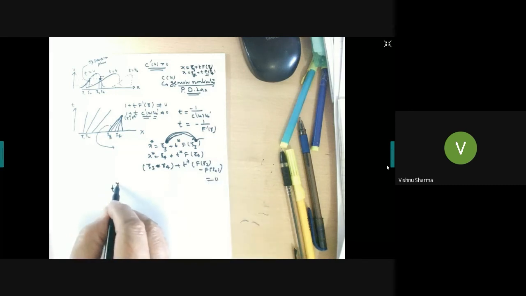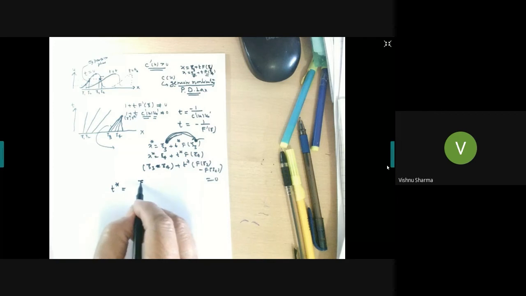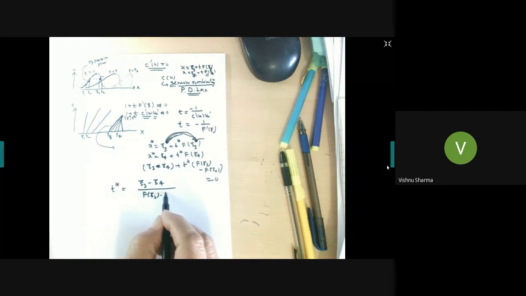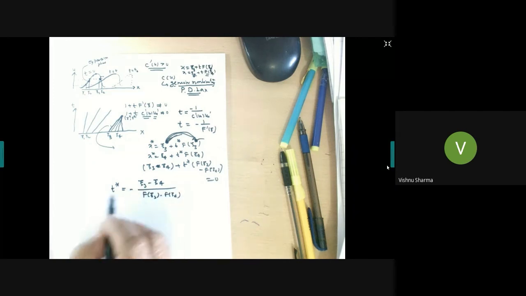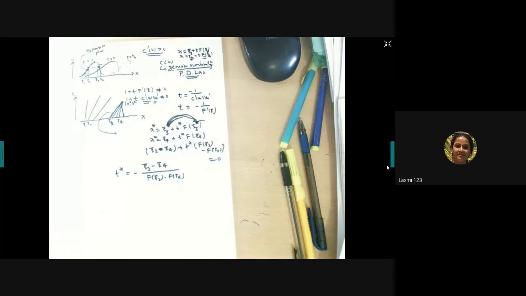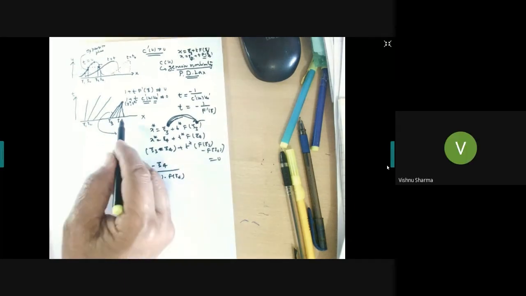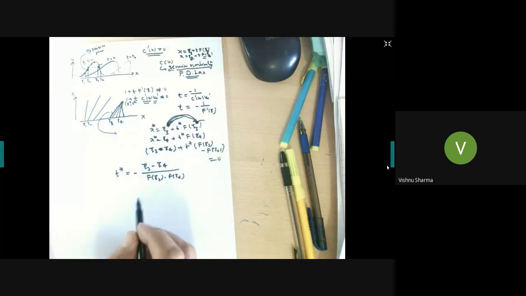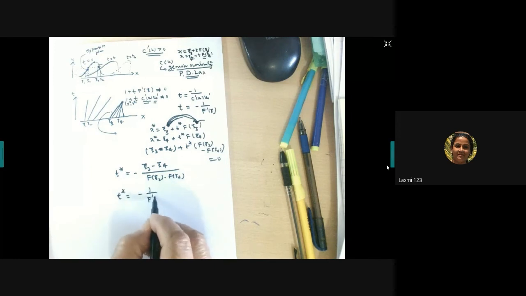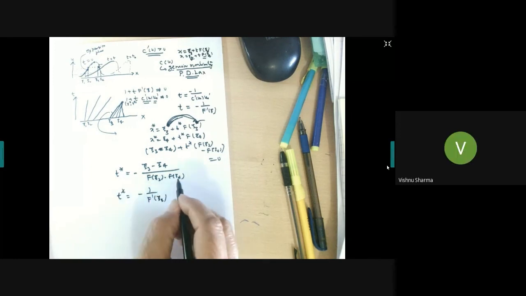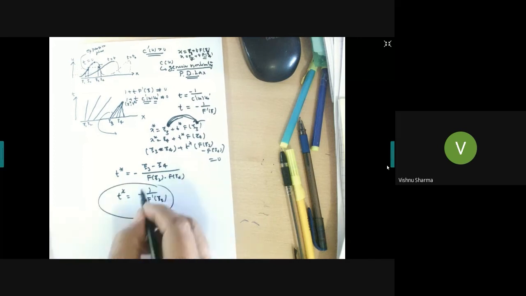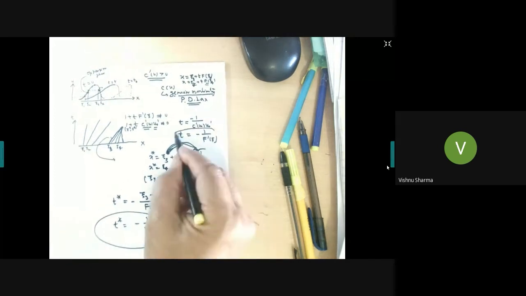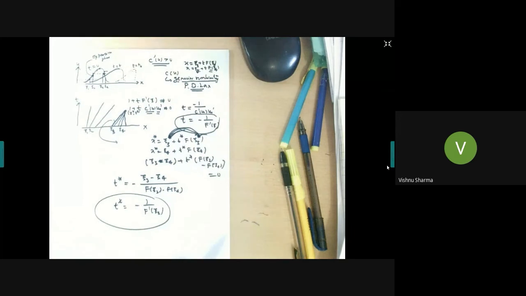So t star is equal to minus xi3 minus xi4 divided by f of xi3 minus f of xi4. Again, in the limit when xi4 approaches xi3, I get the derivative, f dash of xi3, precisely the same result.